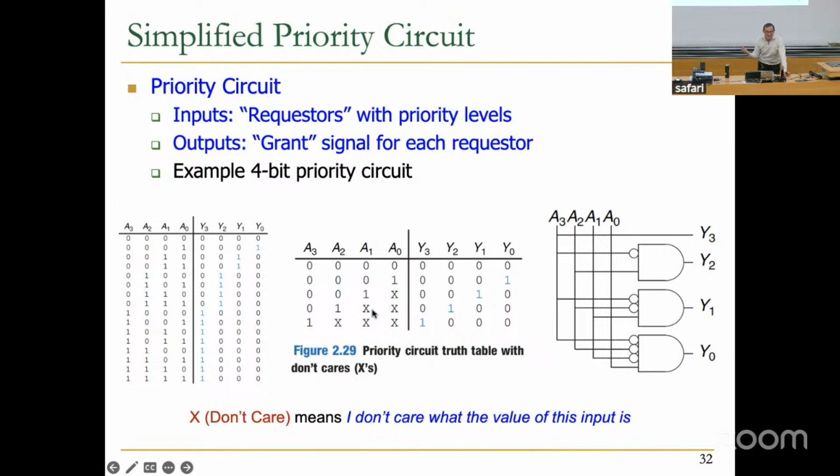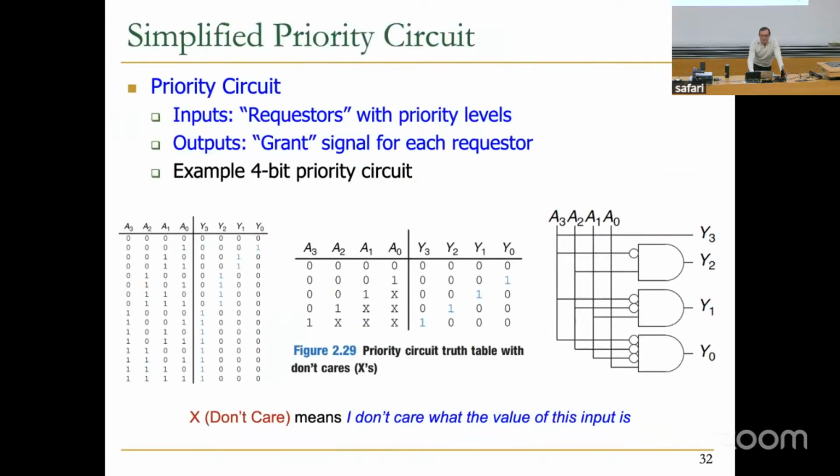They could be anything. This is essentially the uniting theorem in action. I showed you the uniting theorem with 2 variables, but we've collapsed them into don't cares over here. In the uniting theorem, we could have made that don't care also, right? I don't care what B is. The output of the function is really dependent only on these inputs. Okay? And this is the realization of our priority circuit, which is actually simpler and easier to read than the truth table, as you can see.